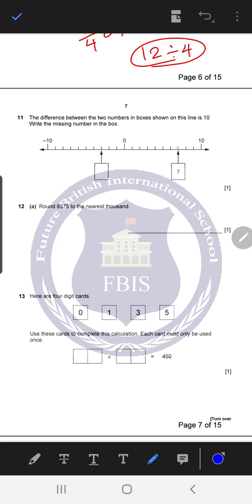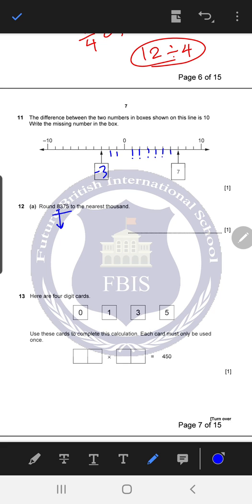This is negative... 6, 5, 4, 3, 2, 1, 0, -1, -2, -3. The answer is -3.